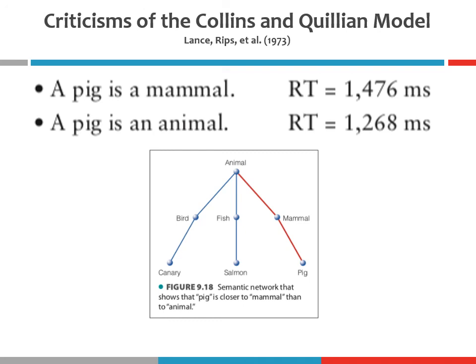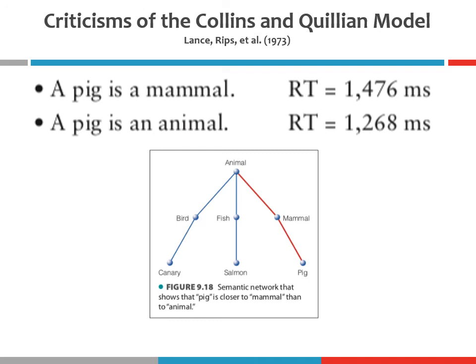People are actually faster to say a pig is an animal than a pig is a mammal, even though it involves more mental travel, so to speak. You have to jump from pig to mammal and then from mammal to animal, rather than simply jumping from pig to mammal, right?